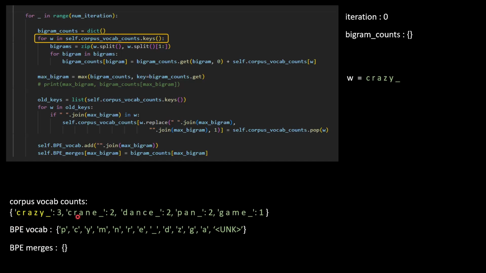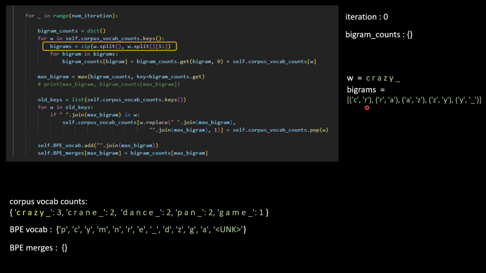So first we have crazy. Here, we are taking subsequent letter pairs. We are just adding 1 colon to get a shift, and then using the zip function to create these tuples: CR, RA, AZ, so all consecutive letter pairs, right?